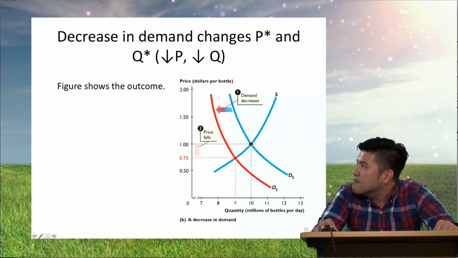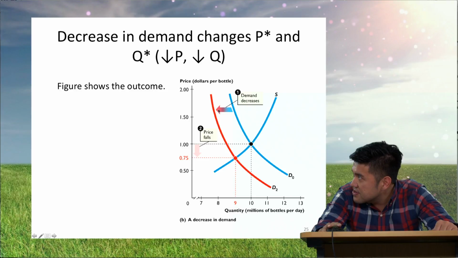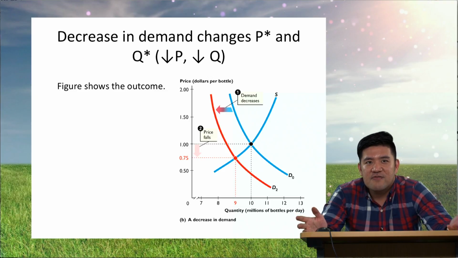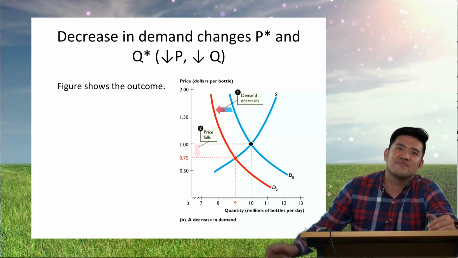So first we are starting at that point there, $1 and 10. Then demand falls. Shift to the left. Price is going to drop. Quantity is going to drop. Right? In the context of the property market, guys.